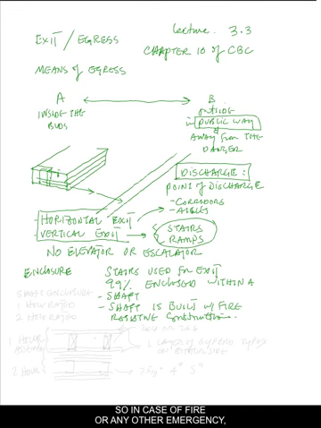So in case of fire or any other emergency, when people go to exit from the upper levels through the stairs, the stairs have to have an enclosure which protects it from the fire and smoke. So people, when they go into the stair, they're safe and they can be led into the area of the discharge and finally to the safe area.